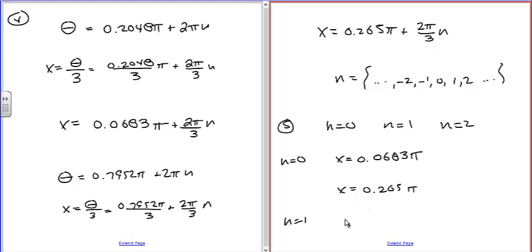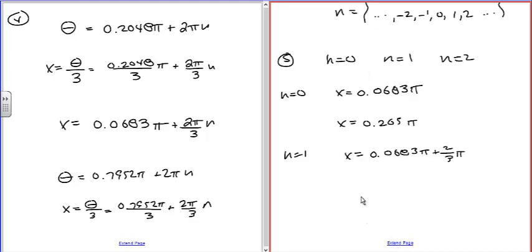Now for n equals 1, you're going to have this number, 0.0683, plus 2/3 pi. So we're taking 0.0683 pi plus 2/3 pi. So that's this plus 0.666. And if you do that, you get 0.735 pi. So that's for this one here.